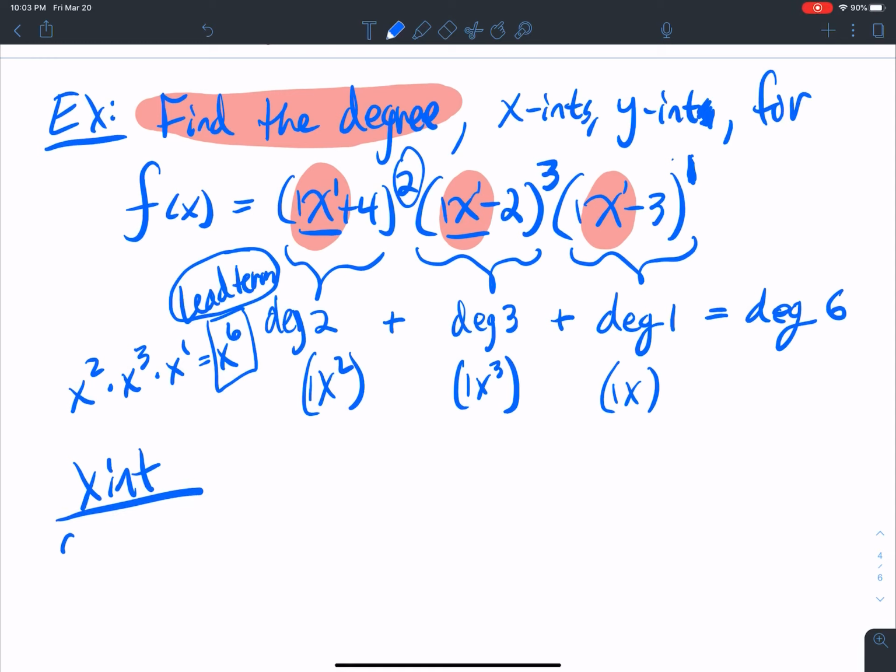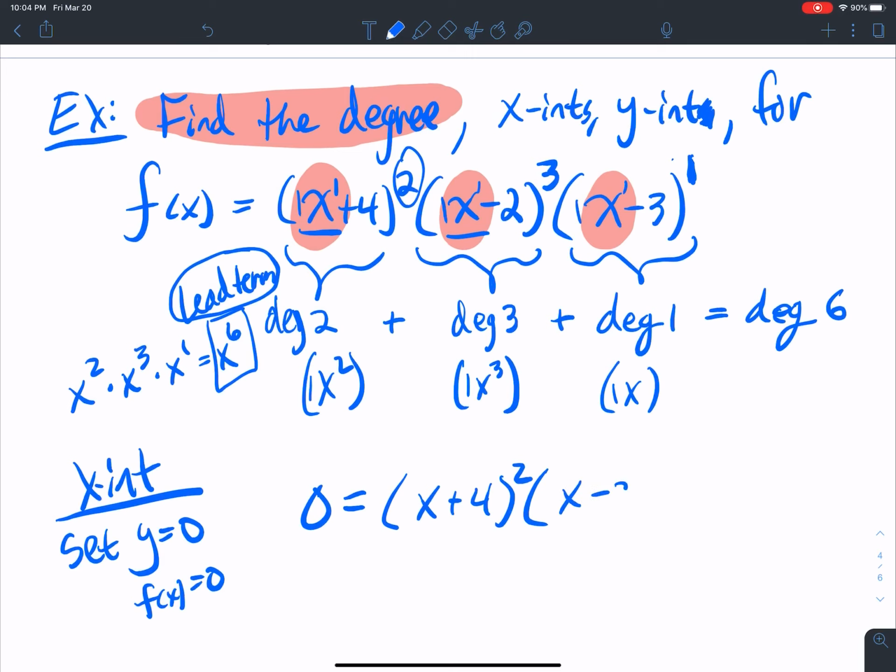In general, I set y equal to 0. Y here is f of x, so set that equal to 0. So 0 equals x plus 4 squared times x minus 2 cubed times x minus 3 to the 1.